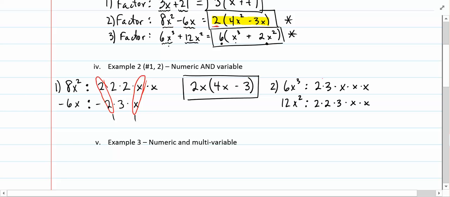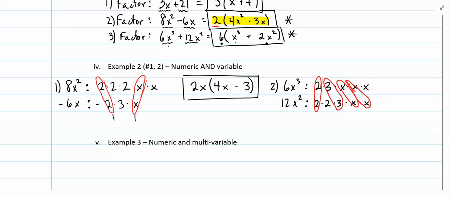Now we should be able to clearly see what the greatest common factor will be. I have 2 2's in common, I have 3's in common, and 2 pairs of x's that are common. So what we should be able to say here is that the greatest common factor should actually have been not just 6, but 6x squared.